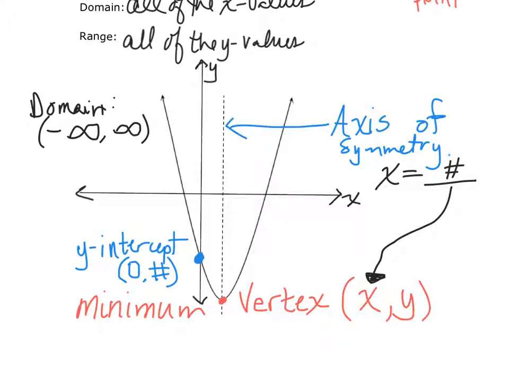All right. What about the range? Don't you get the biggest and the smallest? We want the biggest and the smallest y value, right? Yeah. So we start with the smallest. Here, does this have a smallest y value? No. Well, here, if I have a minimum value, then I do have a smallest value, right?